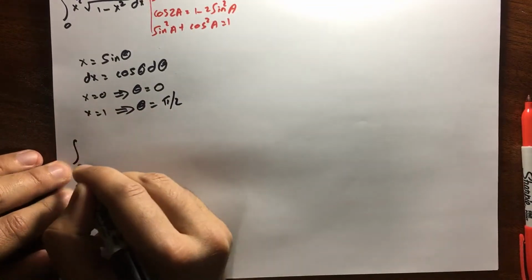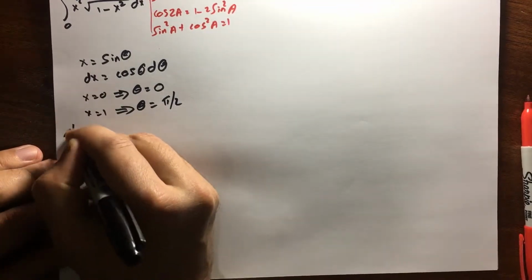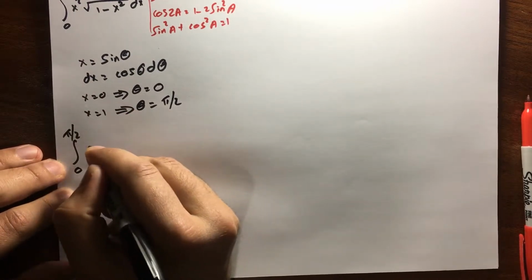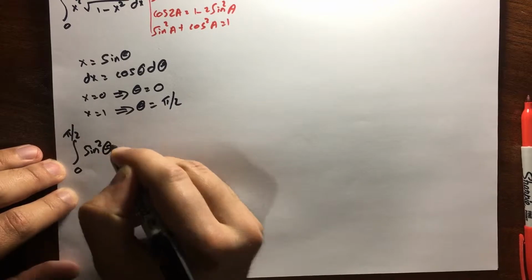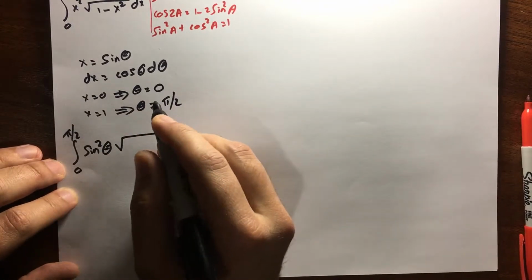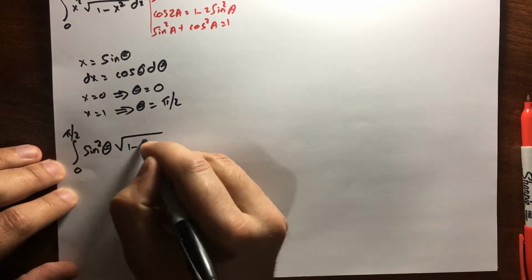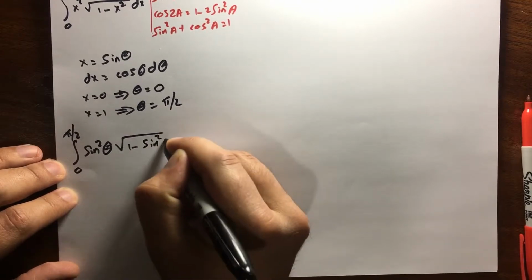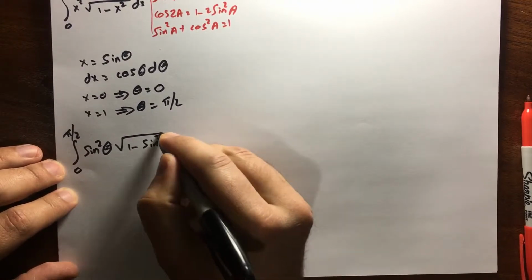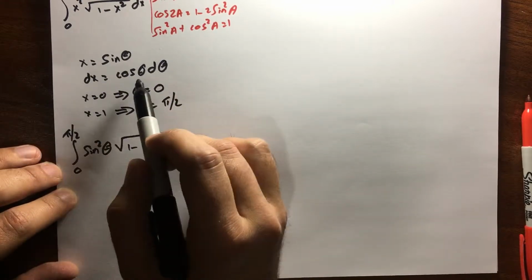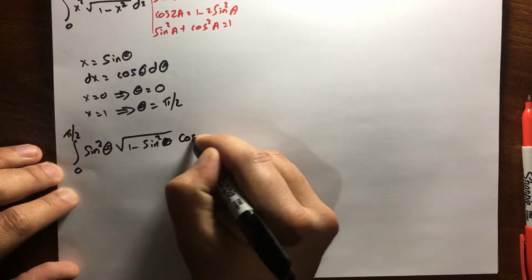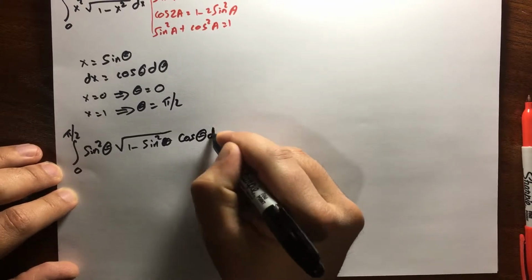So now we have, from 0 to pi over 2, sine squared theta, and the square root of 1 minus sine squared theta, and dx equals cosine theta d theta.